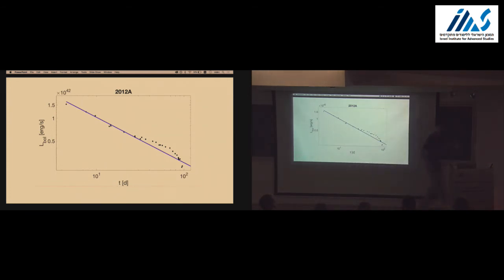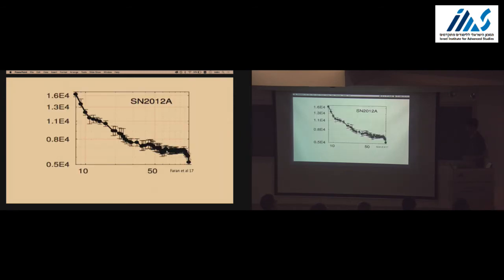Let's look at what happens to the temperature. If we do everything that we did here, and we calculate the temperature simply by taking the luminosity and dividing it by the radius squared, and the radius is simply Vt, we'll see that also the temperature goes like a power law, and it roughly goes like t to the minus 0.5. This is what I told you. Believe me.